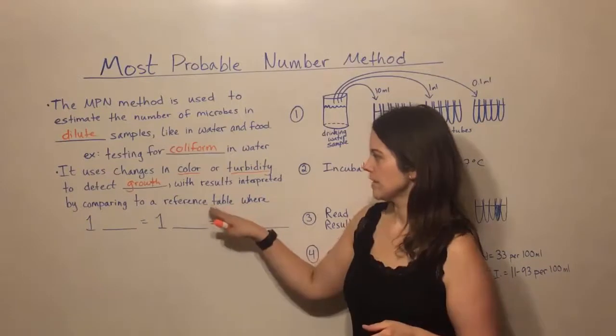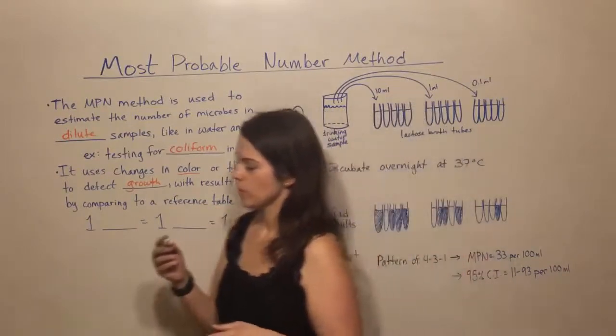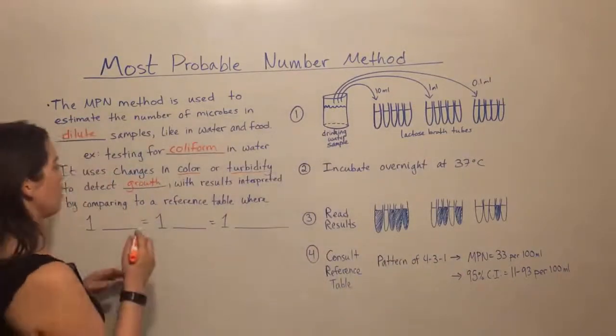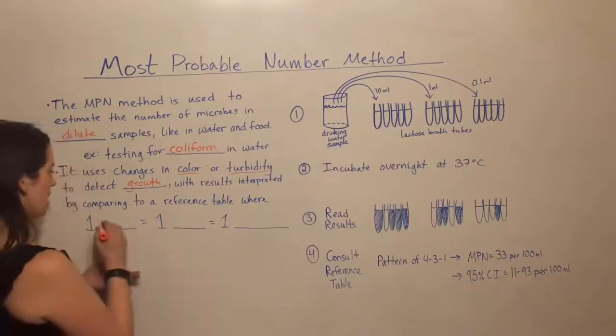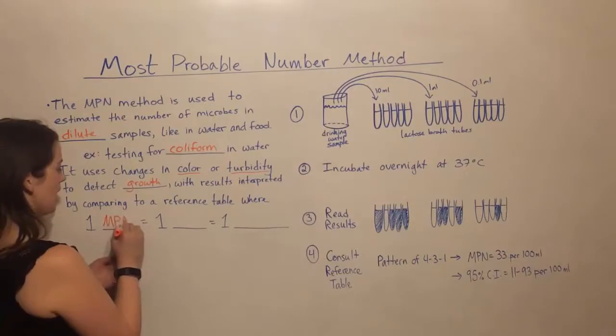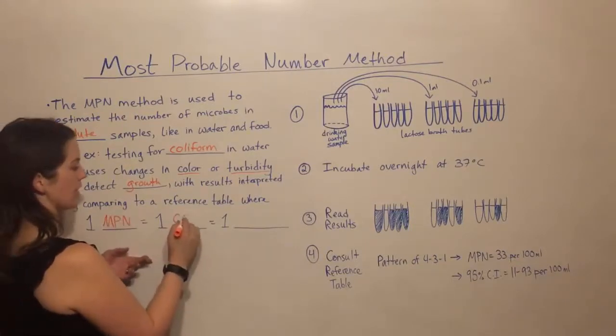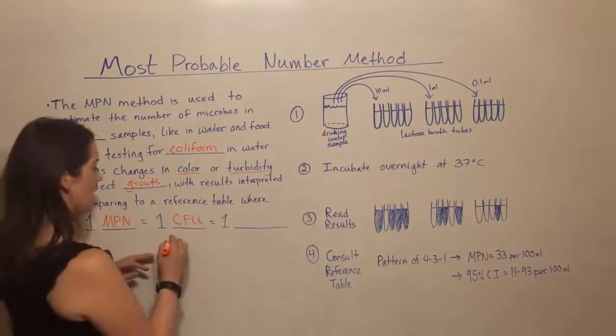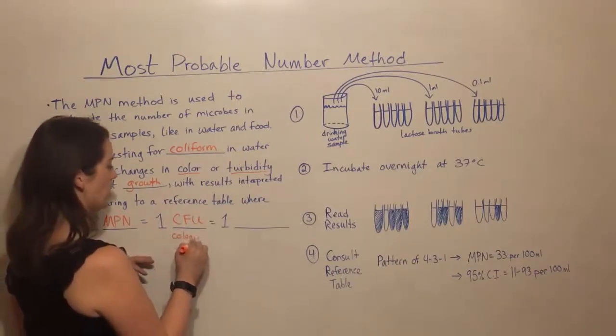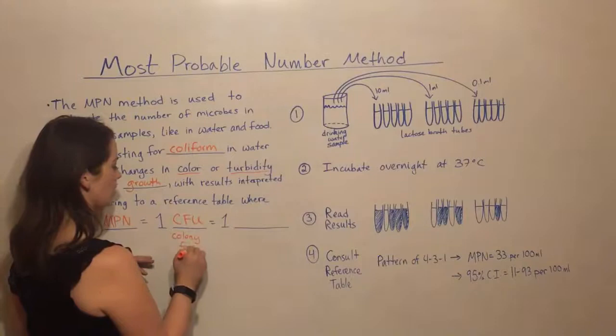But when you are using the standard reference table, it's important that you realize that the reference table will give you a number, a most probable number, an MPN, and that an MPN is equal to 1 CFU. CFU is a common way of referring to bacteria, and it stands for colony forming unit.